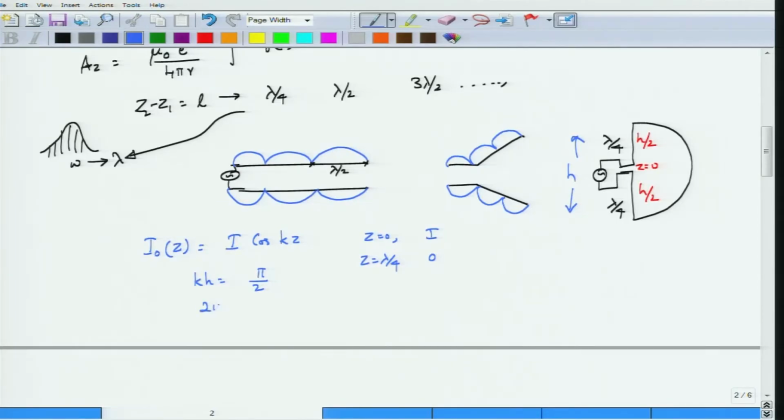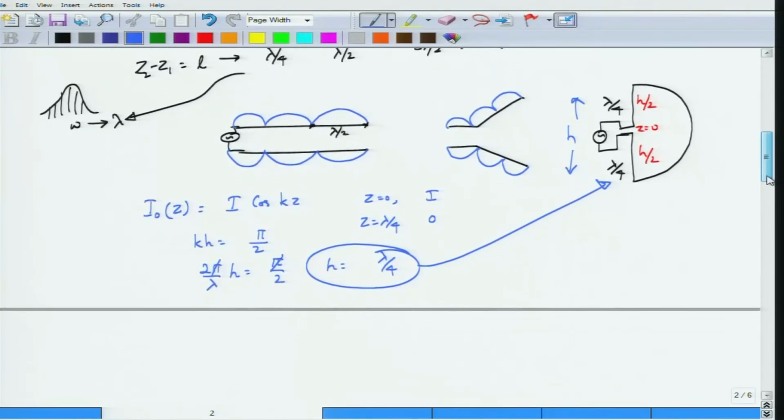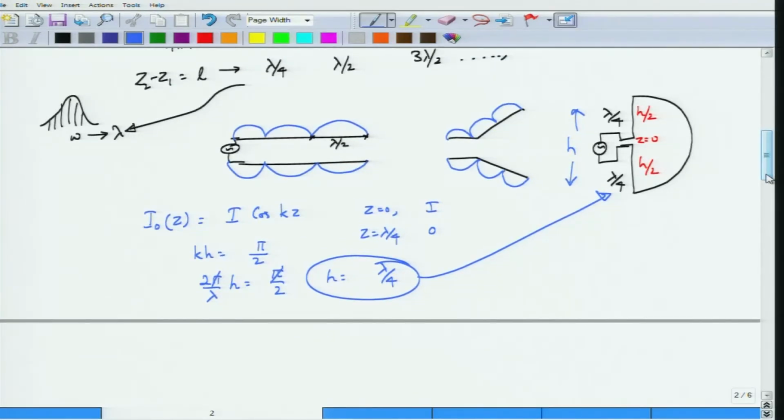But k itself is given by 2 pi by lambda, therefore multiplying this by h gives pi by 2, the pi cancels on both sides, and h is basically lambda by 4. There is no surprise, we were looking for a lambda by 4 antenna itself, because that is the current distribution which we said would be for a lambda by 2 antenna, from the transmission line thing. All that this last statement tells us is that we are consistent with our approximations.